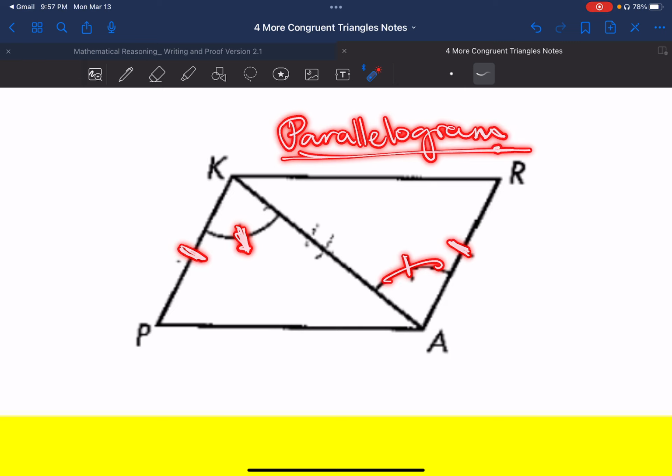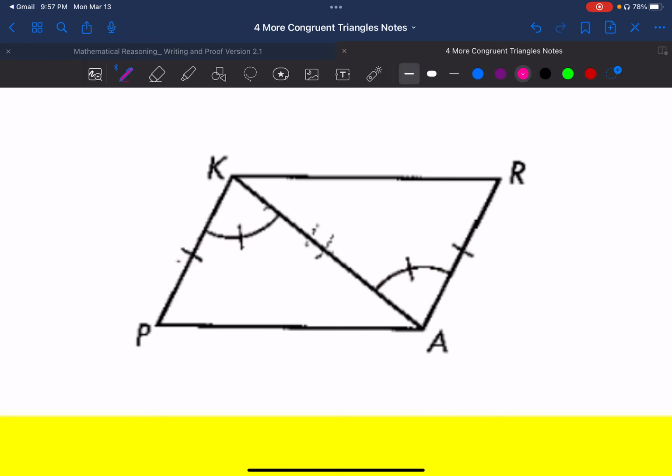But it's a parallelogram, which means that this side is parallel to this side is parallel to this side, and that means that this thing cutting between these parallel lines, these angles must be congruent because, and write that down in your notes, what is the reason?